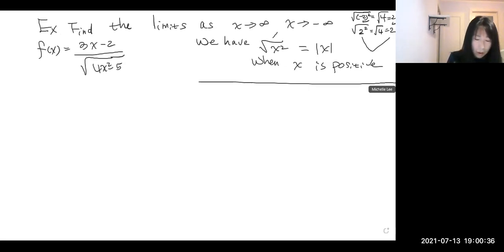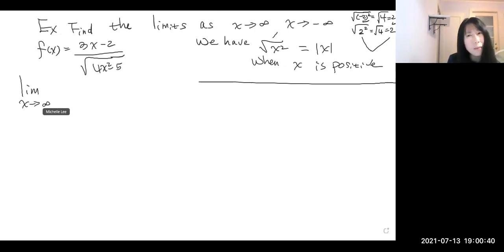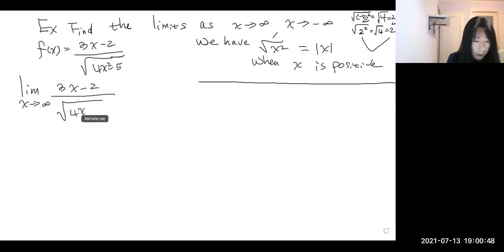All right, so let us do this. Take the limit as x approaches positive infinity. Okay, so we have 3x minus 2 over the square root of 4x squared plus 5.